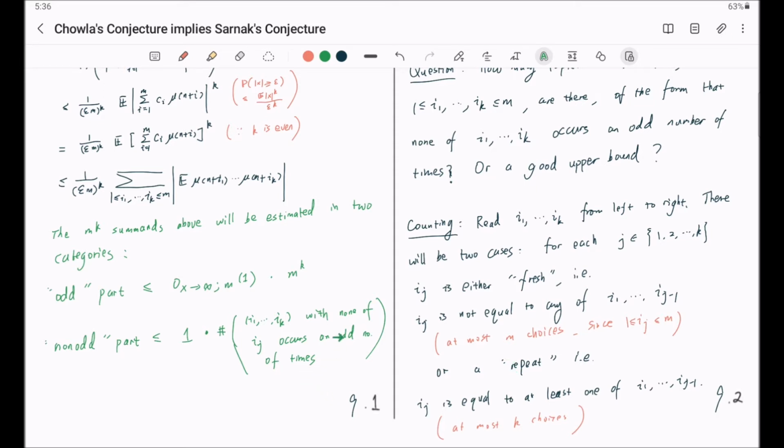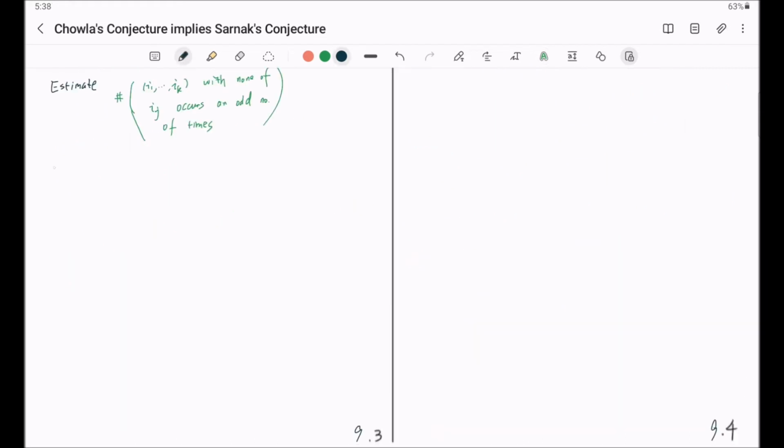Now since none of I1 through Ik occurs an odd number of times, for this category, in particular, none of them occurs precisely one time.